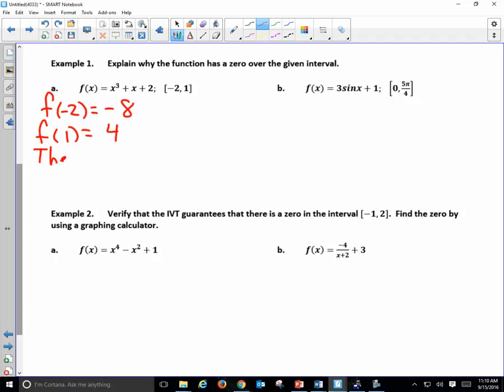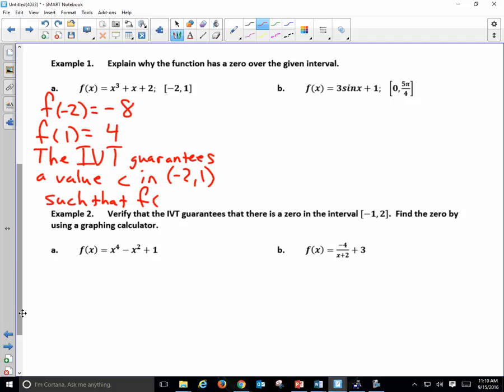The IVT, intermediate value theorem, guarantees a value c in what interval? What's the interval? -2, 1, such that f of c would be equal to 0.